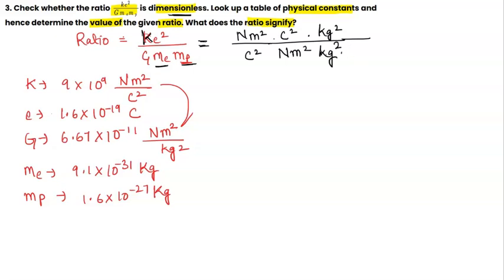Now you can see coulomb square will be cancelled out, kg square will be cancelled out, Newton meter square will be cancelled out. So we get this as unitless. If there is no unit, obviously it is a unitless quantity, and hence it is dimensionless.